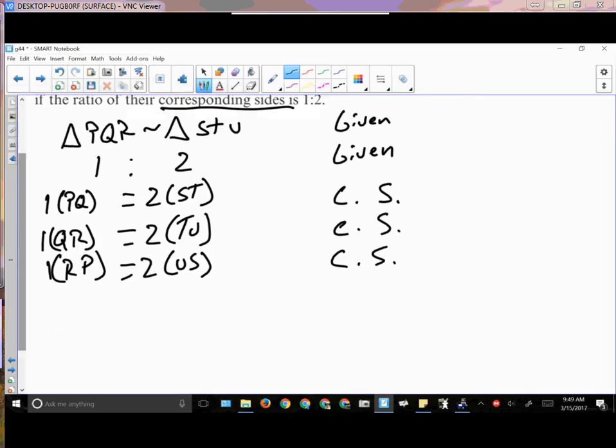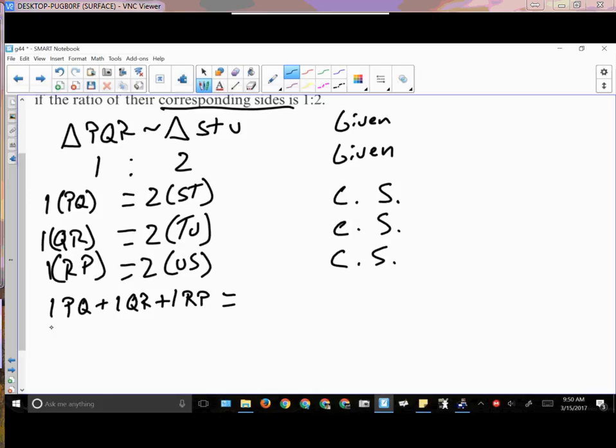So, would that also mean that I would have one of the PQ plus 1 of the QR plus 1 of the RP?